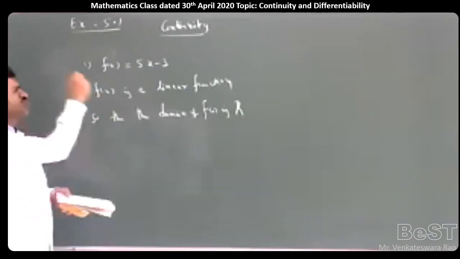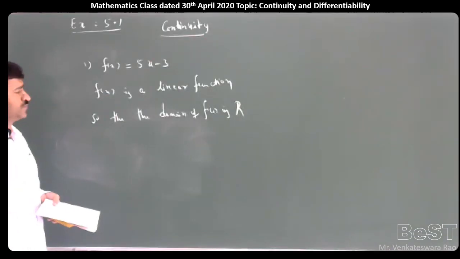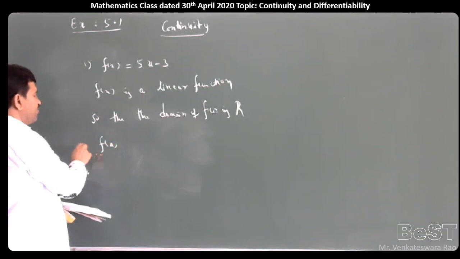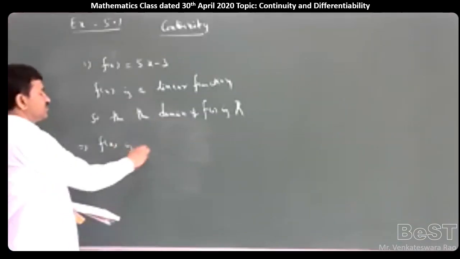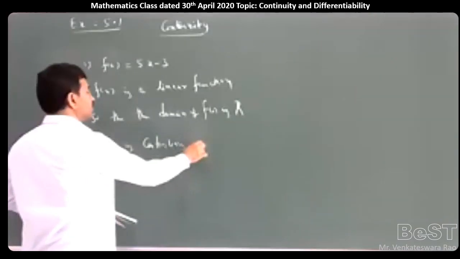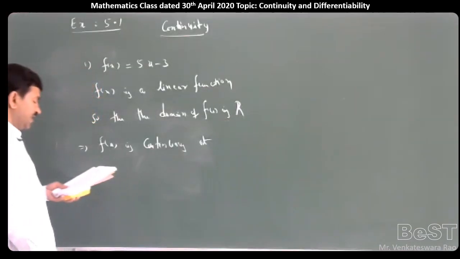Any polynomial function, its domain is R. So that implies f of x is continuous at x is equal to 0.